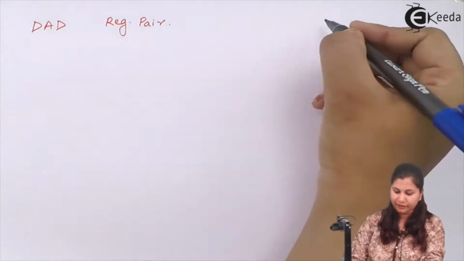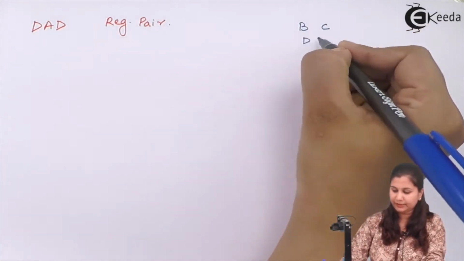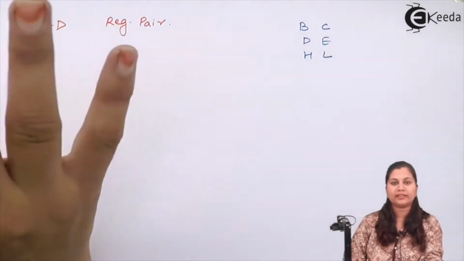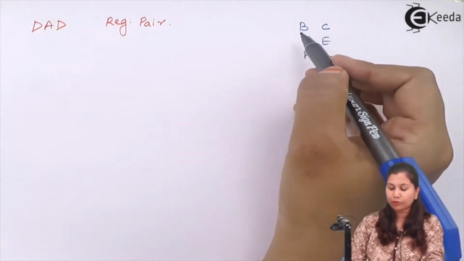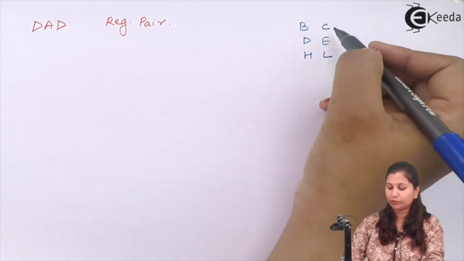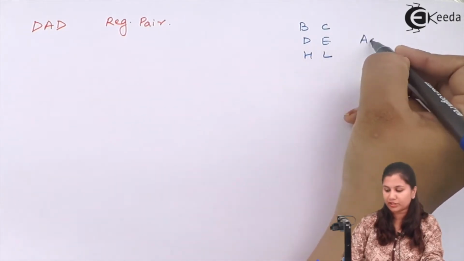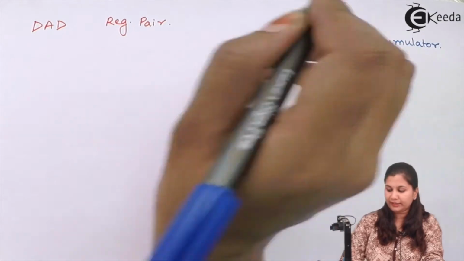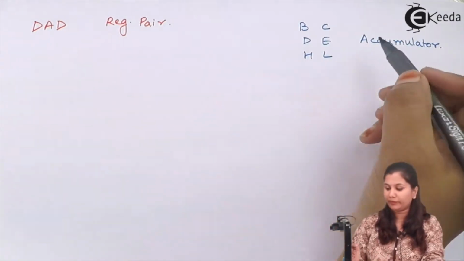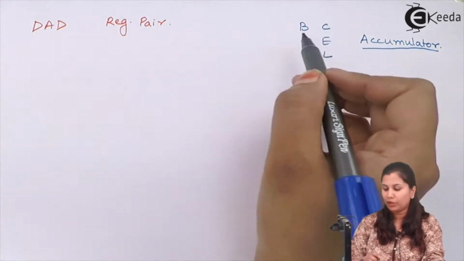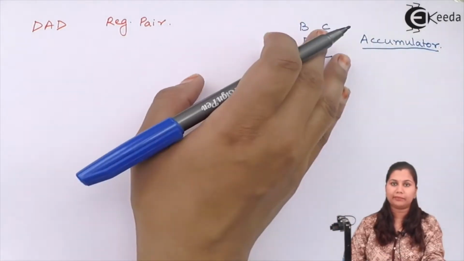Like we have B, C, D, E, H, L. So no two registers can be added. If you have to add the contents of any of the registers, then you have to move the contents of the other register into the accumulator. So we can say that addition can only be performed if one of the operands is stored in the accumulator. No two other registers can be added.